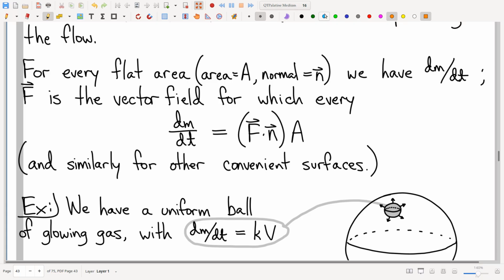On the previous page, the premise was that we know the vector field, and we're trying to figure out the flow rate. Well, what we're going to do now is presume that, empirically perhaps, we know flow rates.